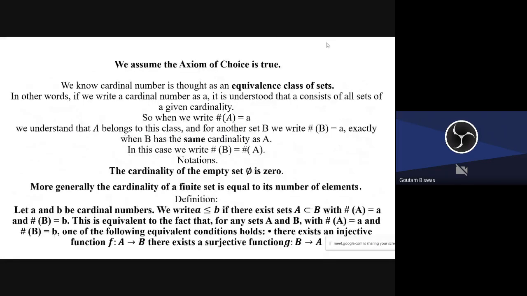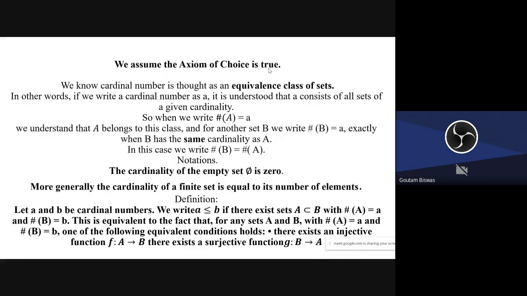Next, we assume the axiom of choice is true. What is the axiom of choice? It says you are at liberty to choose any element from a set. You cannot prove this; that's why it is an axiom.